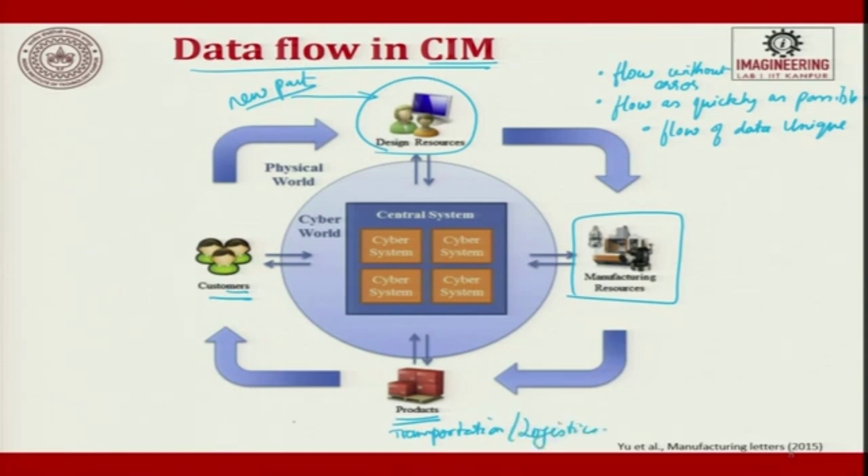So, logistics to the customer, it takes care. So, here is a physical world, customer to the design. The data transfer can happen with the central system, and this central system is called a cyber world. All these four can talk to the cyber world, communicate between themselves, or flow in one direction, so that they transfer data instantly.